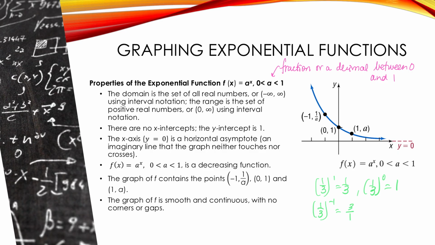So that becomes 3 over 1 raised to the first power, which is just 3. So now I have this point 1, 1/3. I have this point 0, 1, and I have this point, which is negative 1, 3. So it all comes down to reciprocals of fractions being larger than the fractions themselves. So we end up with a function that is always decreasing. So this is how it's different. It's decreasing if I have a fraction instead.